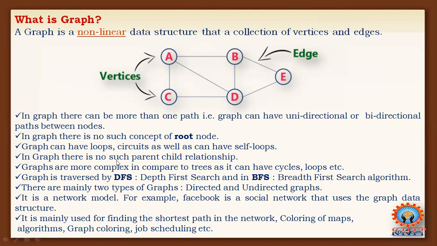In graphs, there is no such parent-child relationship. Why? Because here there is no concept of root node. If the root node concept is not applicable here, there is no point in providing the relationship between root node and the parent node. Hence, parent or child nodes are not considered in the graph.